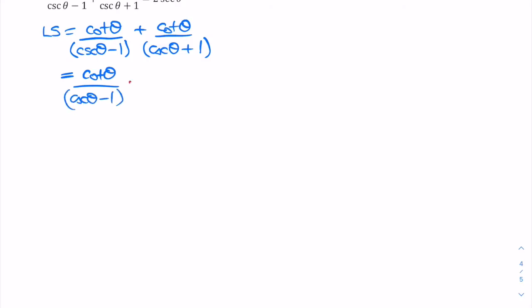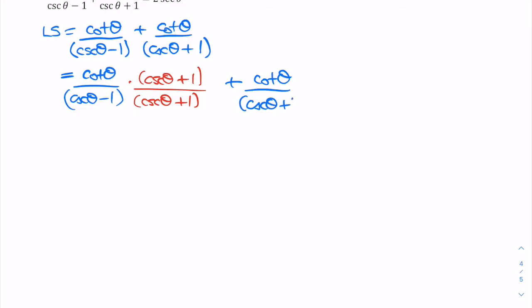We're going to multiply by cosecant theta plus 1 over cosecant theta plus 1. We do the same thing with the other fraction, so we have cotangent theta over cosecant theta plus 1. Let's multiply the top and bottom of the fraction by cosecant theta minus 1. That's the thing that it's missing.